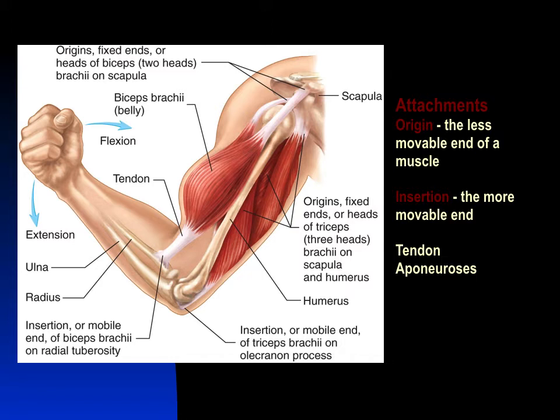We see its insertion on the radius, and we also see its antagonists, the muscles that are doing the opposite, and those are the triceps. Okay, and they're inserting on the opposite side, and so there's a good example of origin and insertion. And generally, the antagonist will just be on the other side of the joint. And so your biceps flexes the elbow, the triceps extends it.